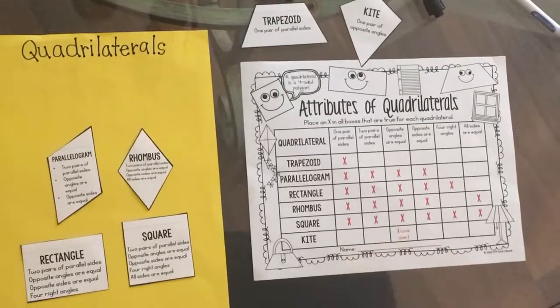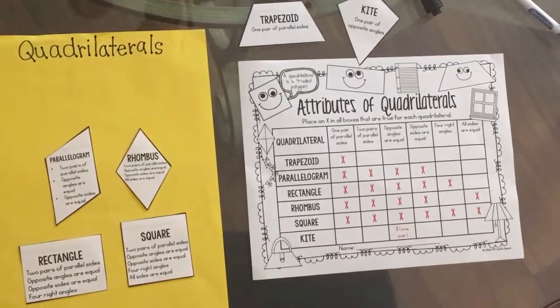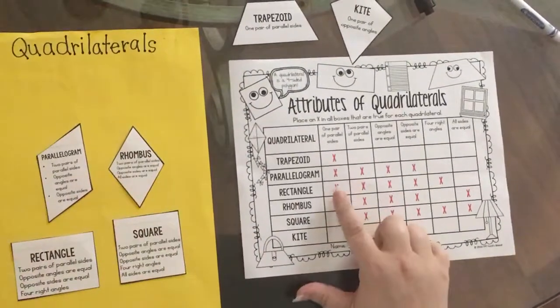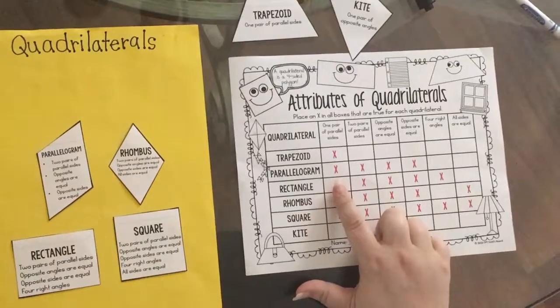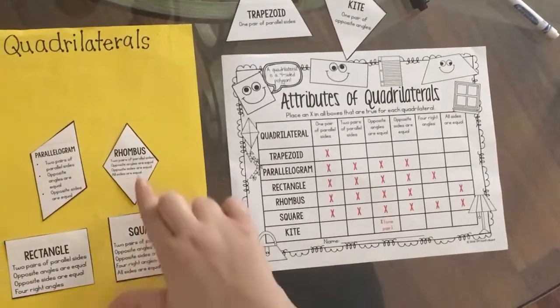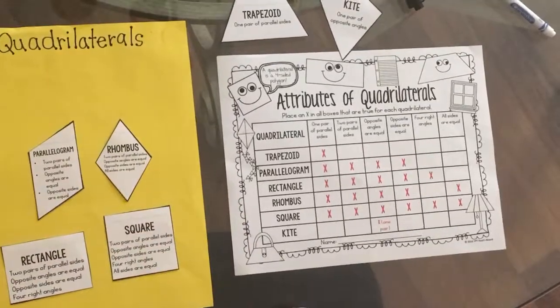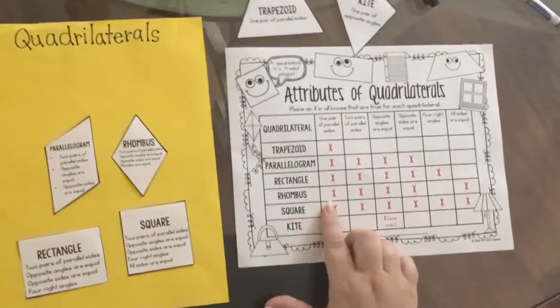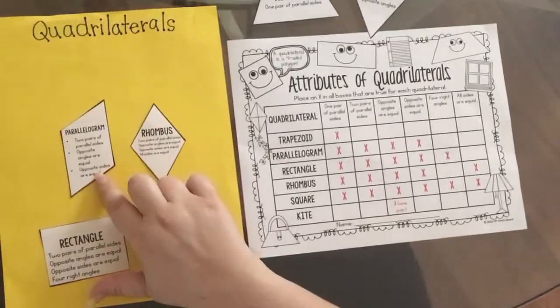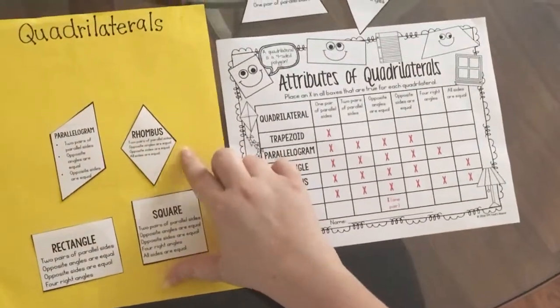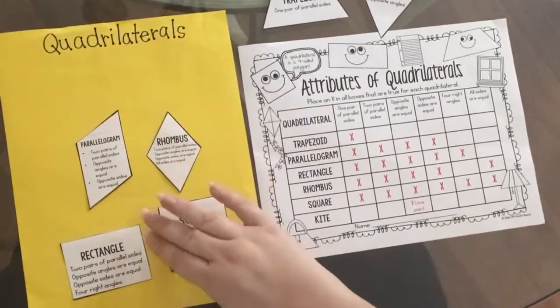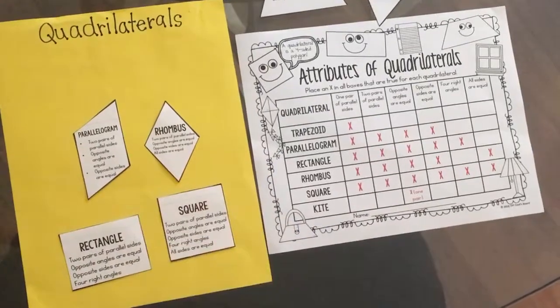The first relationship that we can note is that quadrilaterals all have four sides, which, again, all of these shapes have four sides. We also can note that certain quadrilaterals have to have sides that are parallel.